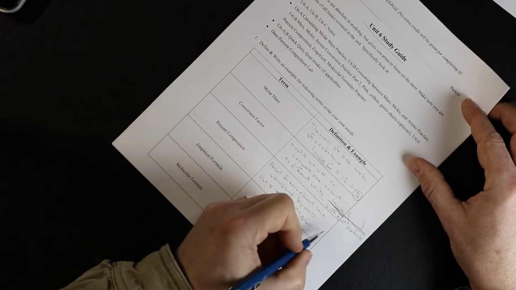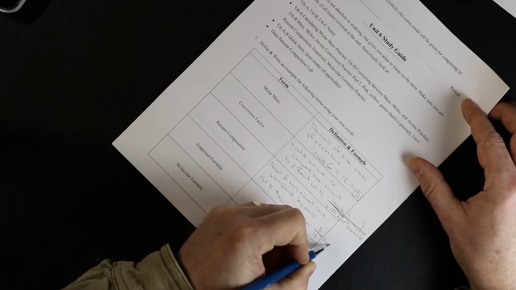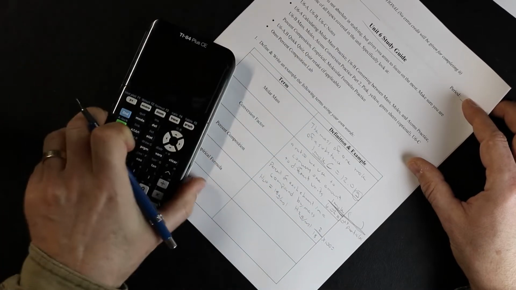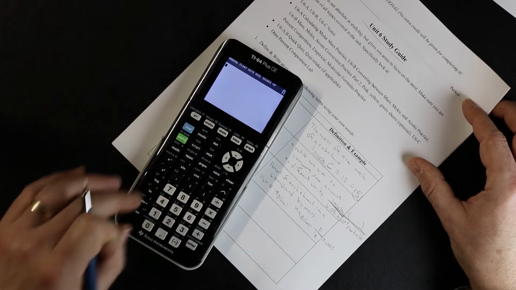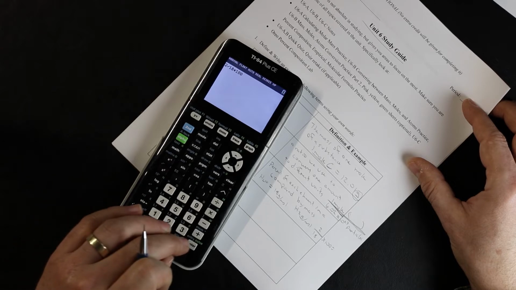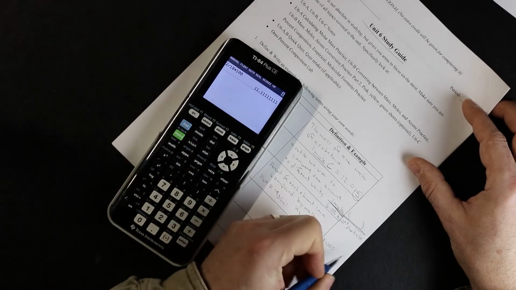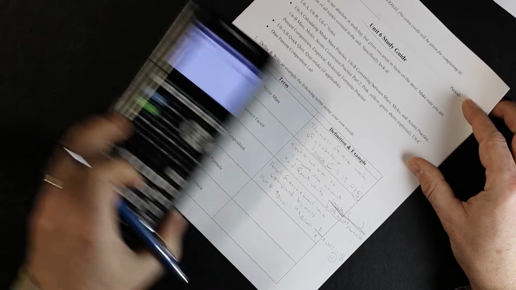And so I have 2 over 18 times 100, right? So if I turn my calculator on here, 2 divided by 18 times 100, 11.1% is hydrogen. Okay.